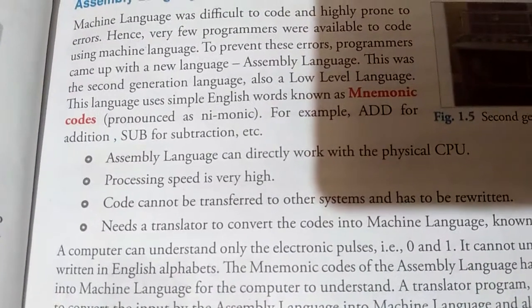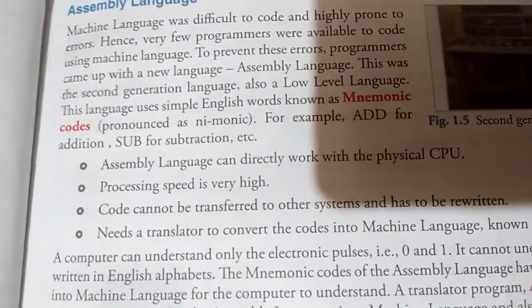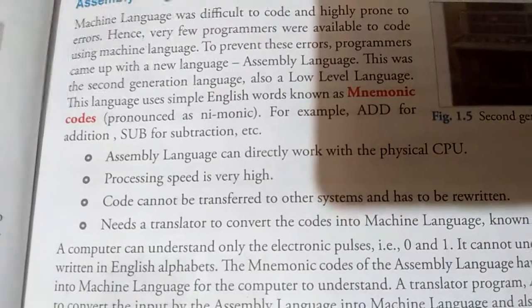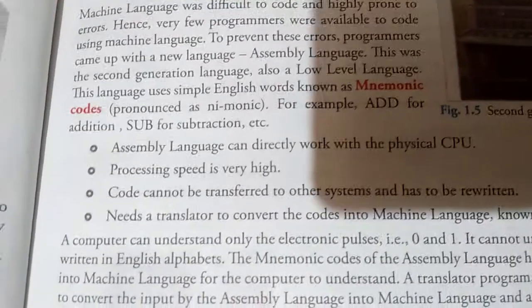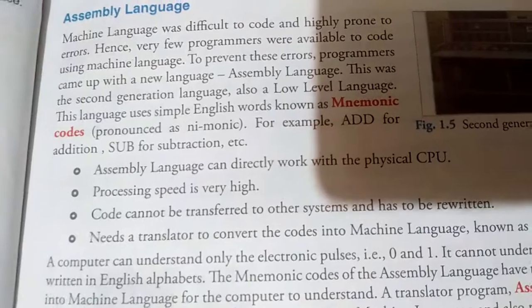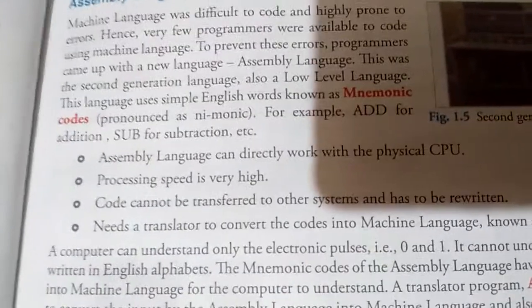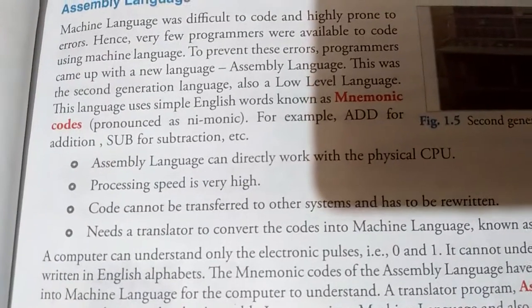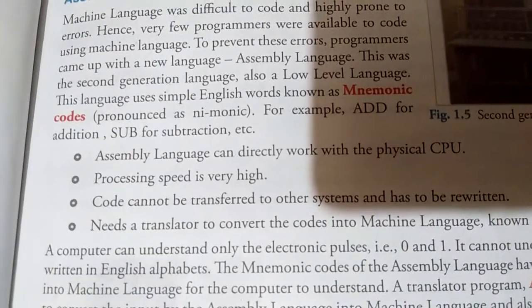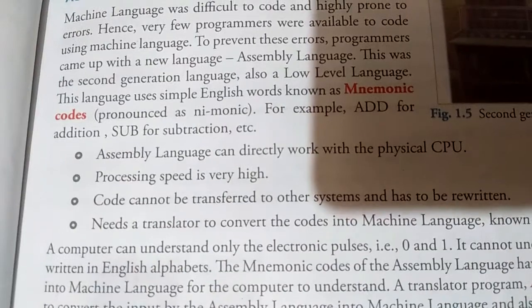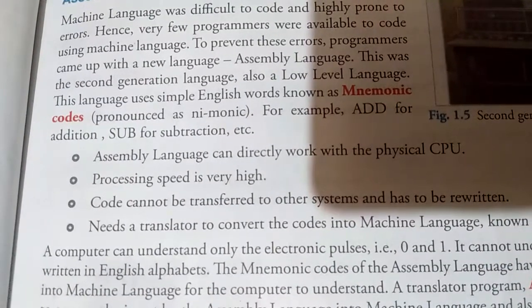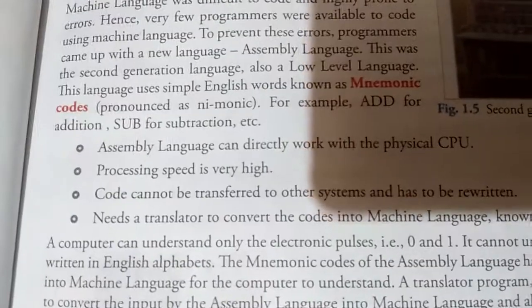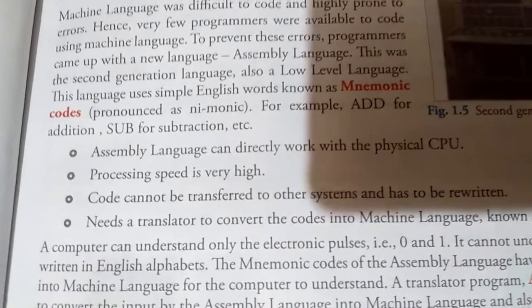Because machine language is a very difficult language, they came up with a new language called assembly language. This was the second generation language. The first generation language is machine language and the second generation language is assembly language. It is also called a low level language. This language uses simple English words known as mnemonic codes.